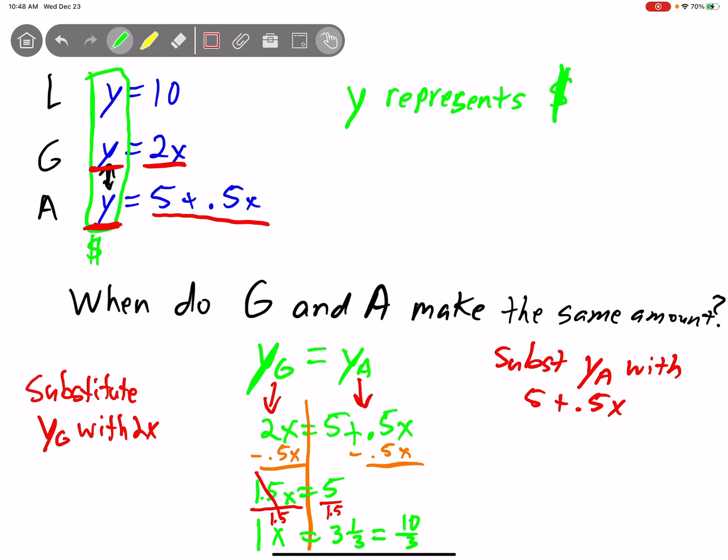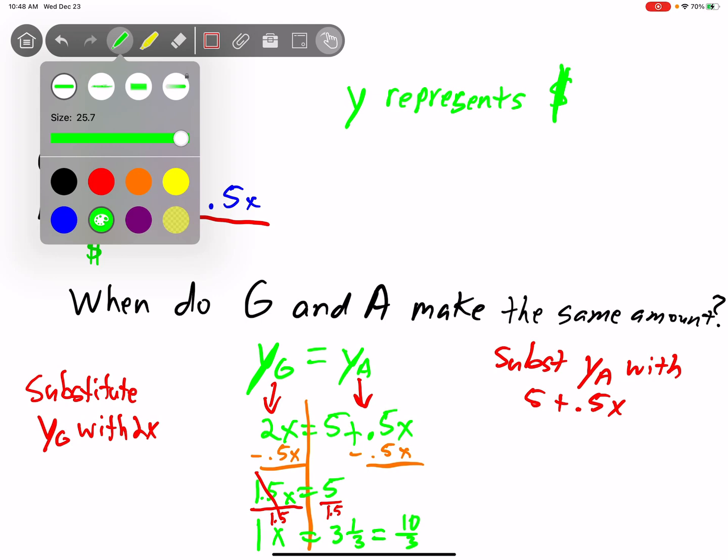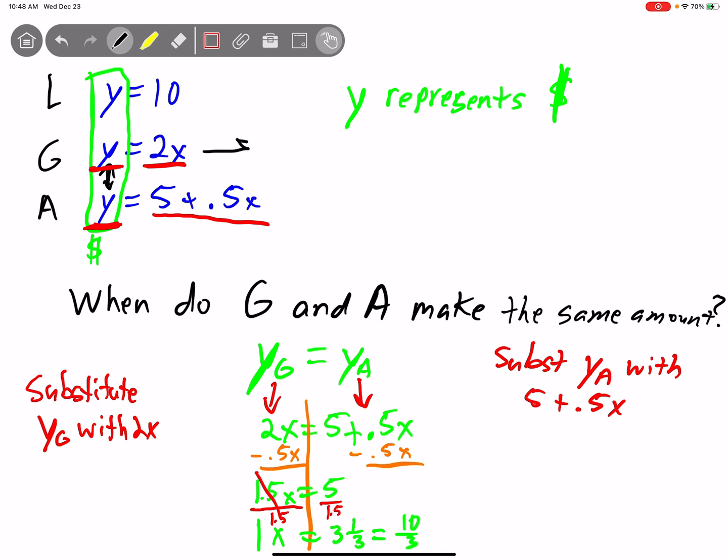How do I check it? Well, when I check it, I can also figure out how much money they both make. So let's check Gilberto first.